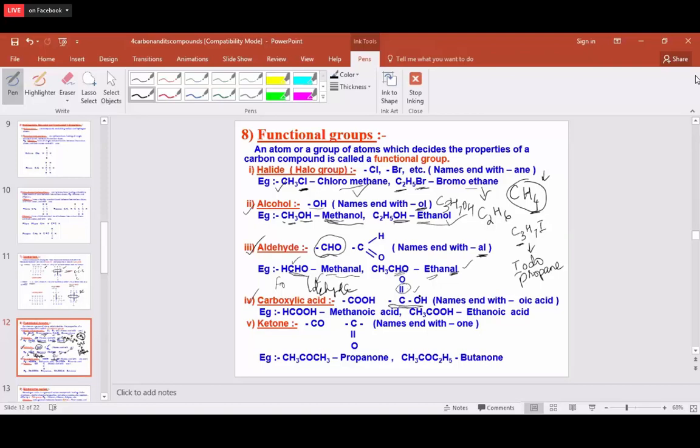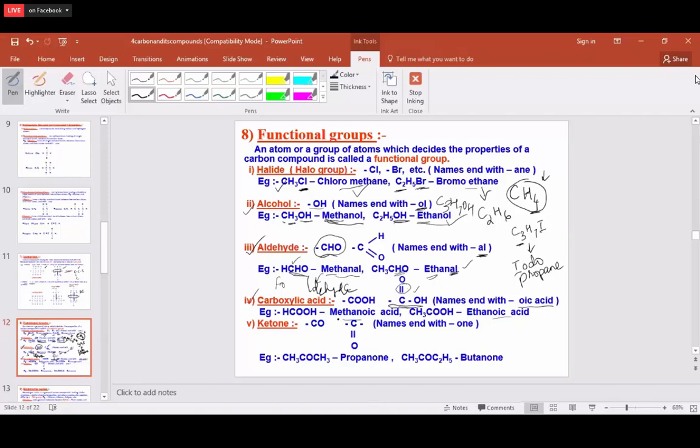Now the oxygen has two bonds over here. The names end with oic acid. If one carbon atom is present, methanoic acid; if two carbon atoms, ethanoic acid, propanoic acid. Like that we add oic acid after the particular hydrocarbon.